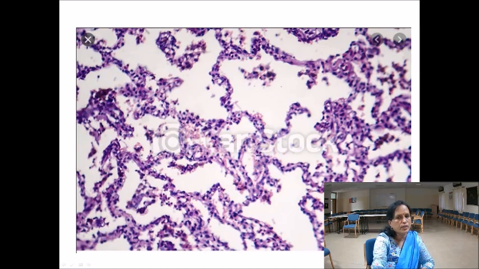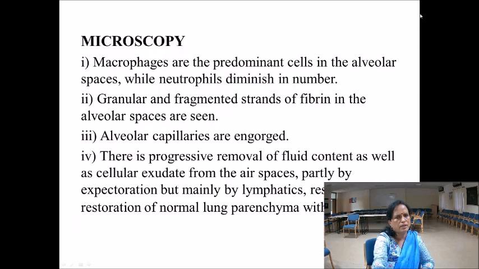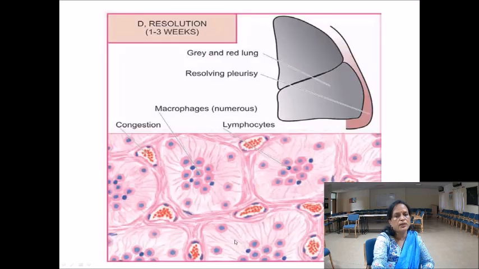All the rest of it is being cleared. Macrophages do it, or we cough it up and then it gets cleared. Macrophages may be prominent at this stage, and there could be a few engorged alveolar capillaries. So the lung would be restored to normal. So about 1 to 3 weeks.